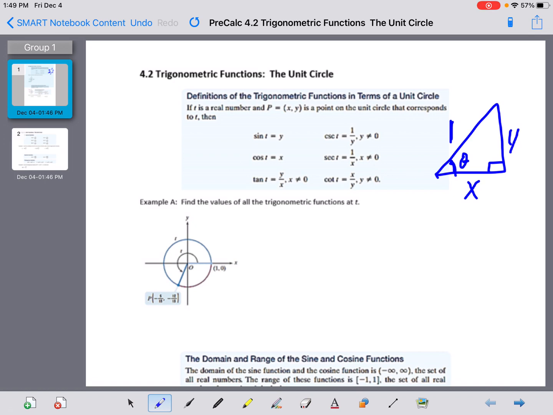Okay, so one of the key things I need to talk about here is, and we've talked about this before, the unit circle has a radius of 1. That is the definition of the unit circle. We have our unit circle chart that we have exact values. But remember, there are infinite number of ordered pairs around a unit circle. So on our first example here, we're on the unit circle, and our radius is 1.